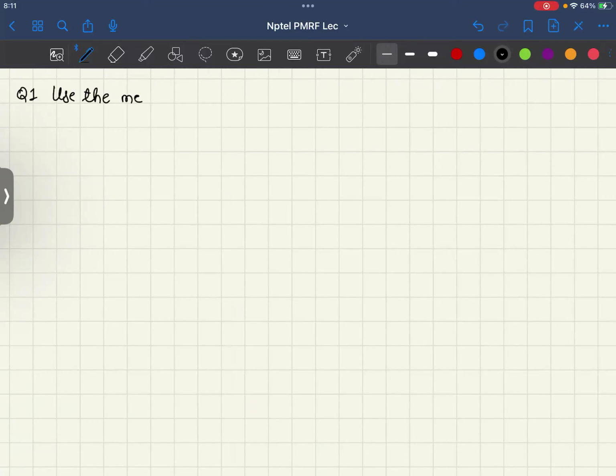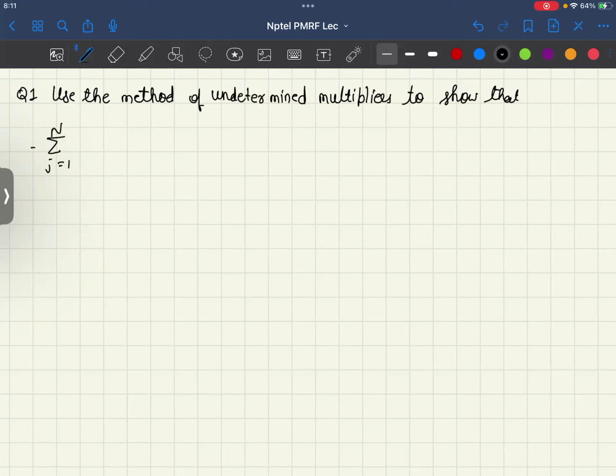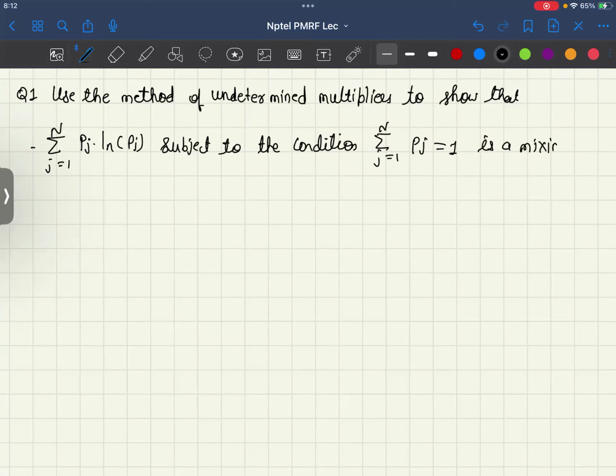Use the method of undetermined multipliers to show that minus summation j equals 1 to n of pj ln pj, subject to the condition that summation j equals 1 to n of pj is equal to 1, is a maximum when pj is equal to constant.